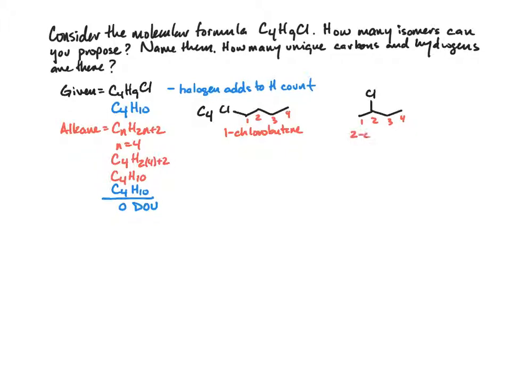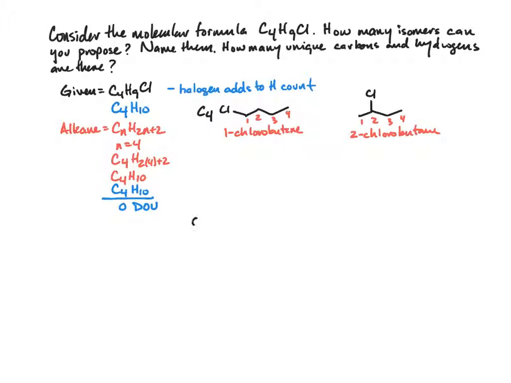So now we have 2-chlorobutane. We've exhausted all the possibilities for a C4 chain. If you put the chlorine at position 3, you're really making 2-chlorobutane again. It depends on which way you number the chain.